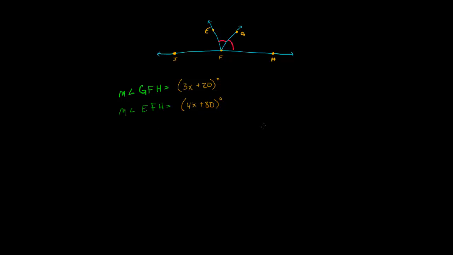If I was to redraw this down below, which I will say time and time again is the best practice for being able to see what you're working with, let me put my points: G, F, E, and lastly H. Angle GFH is 3x plus 20.